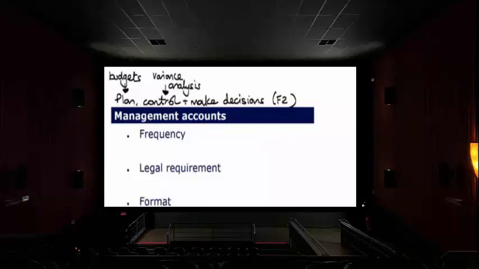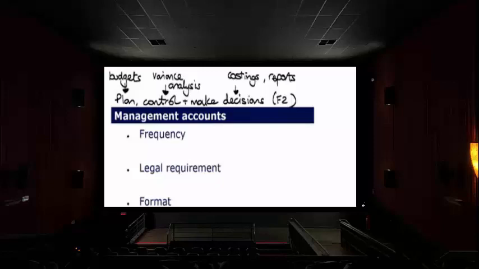We can also do things to help them make decisions into the future. So we could help them with doing some sort of costing analysis, doing some reports for them. Okay, so we can help them do costings.